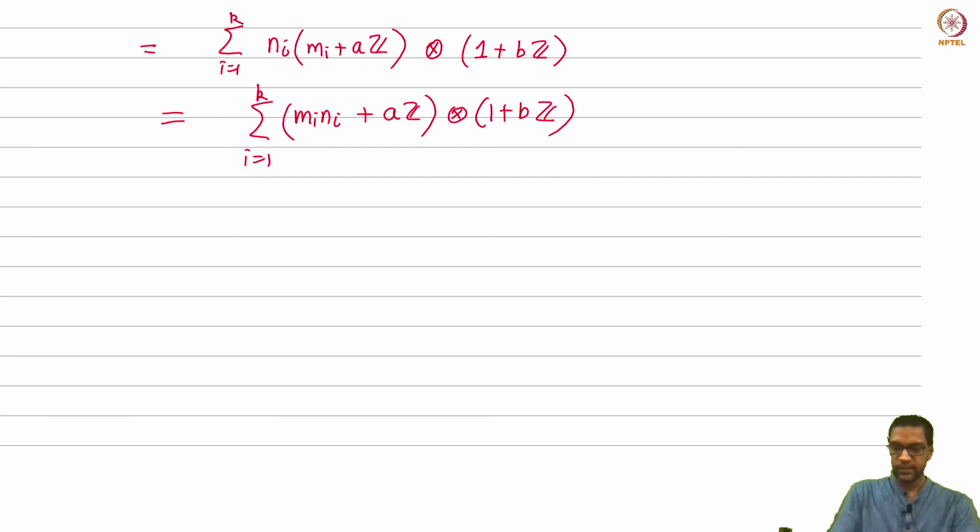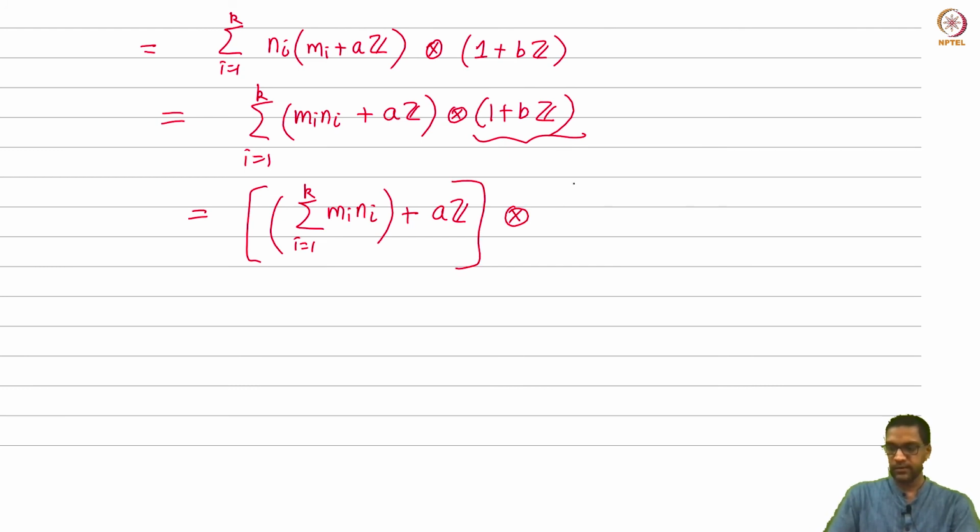And observe that the second component is the same for all terms, for all summands. So I can again use bilinearity, make this into summation of these cosets mi ni plus az. So look at this coset of A, tensor this coset.